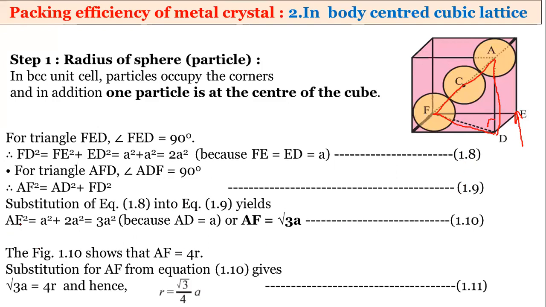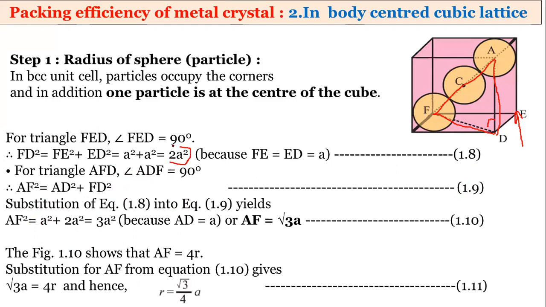So AF square is equal to A square. We have to put these values: A square plus twice A square is equal to thrice A square, because FD square is already twice A square.